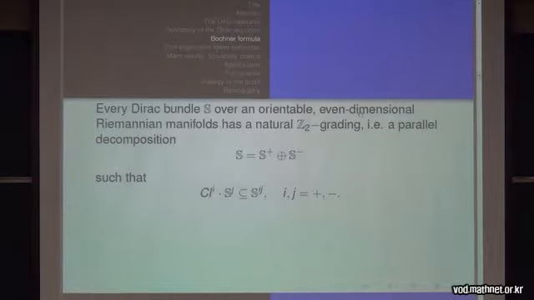And we also introduce half Dirac in the following way. If M is an orientable and even dimensional Riemannian manifold, there is always a Z2 grading. Z2 grading means that we have a parallel decomposition. Parallel means that we use a connection on S, and this decomposition respects the Clifford action.